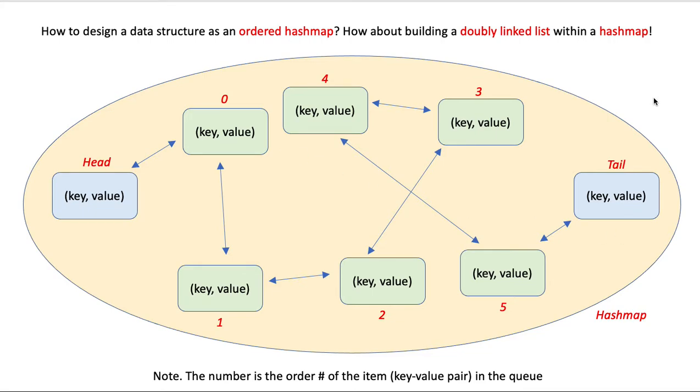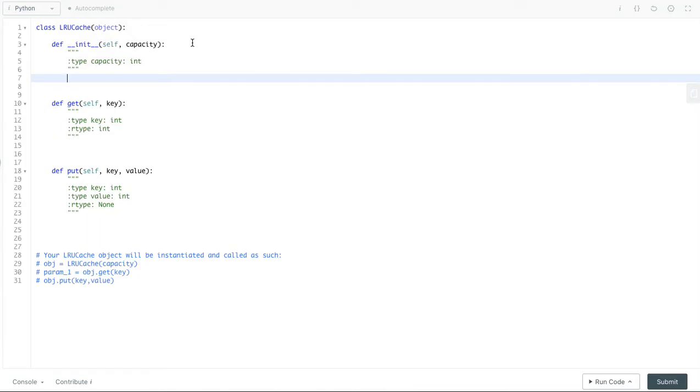In another word, to solve this question, you need to combine two different data structures, a hash map and a doubly linked list. Then you can create a new data structure as an ordered hash map. With all the background understanding introduced, now let's try to write the code.